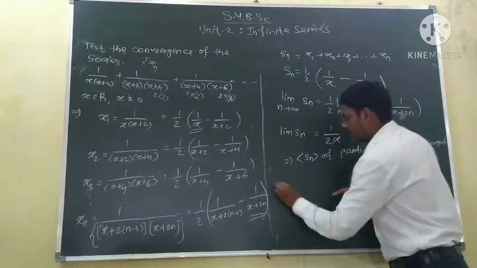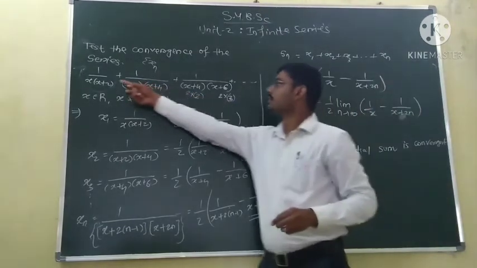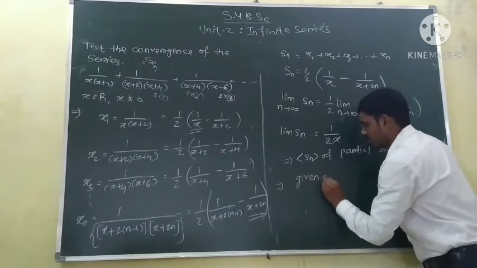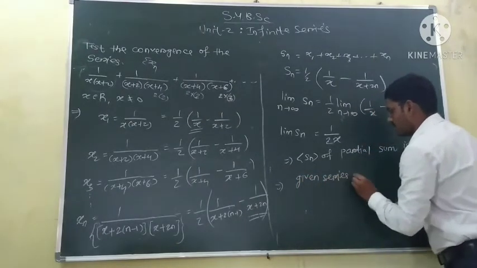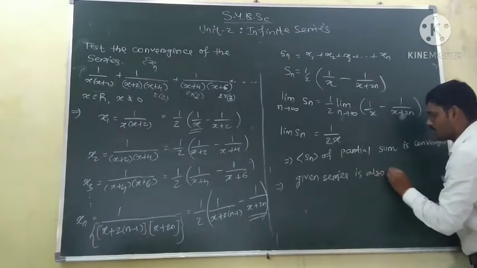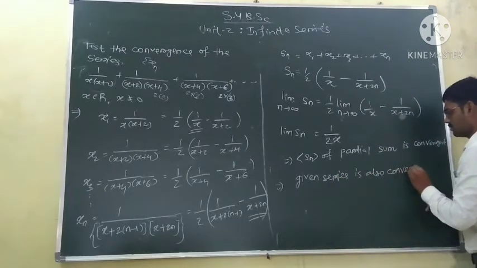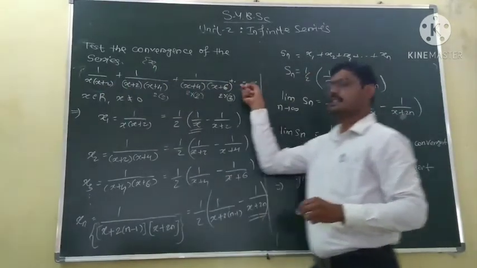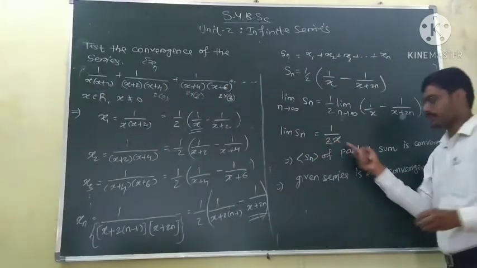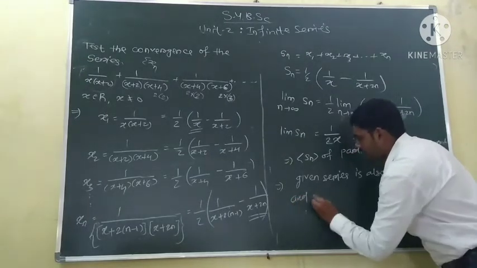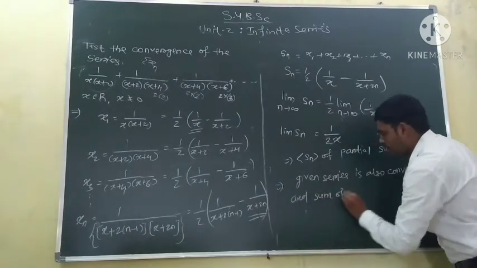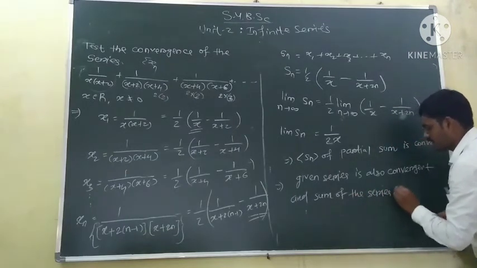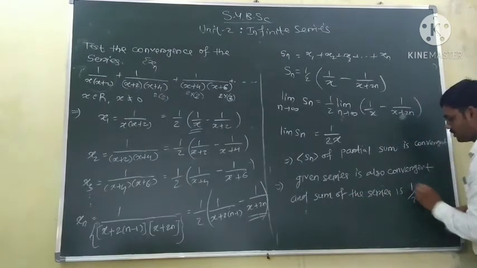This implies the given series is also convergent, and the sum of this series is equal to 1 upon twice x.